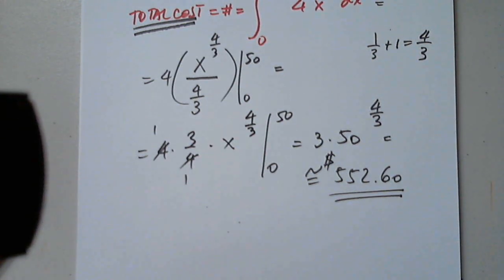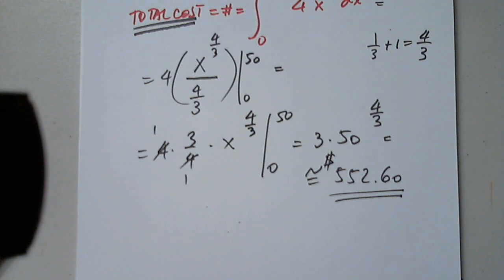Okay, part B. I think there is a part B there. Find the total cost of installing an extra 14 square feet of countertop after the 50 square feet have already been installed.